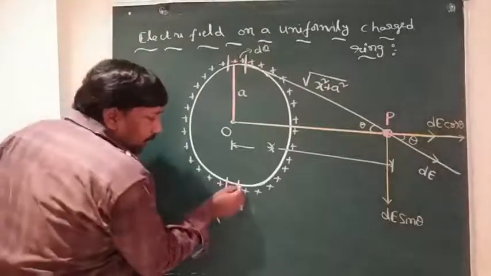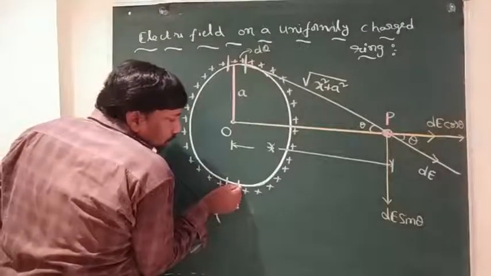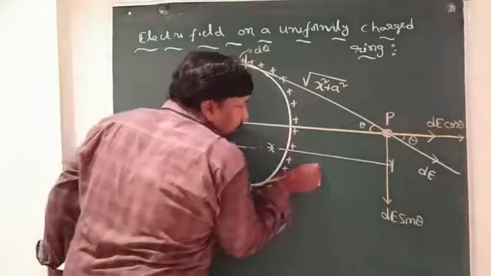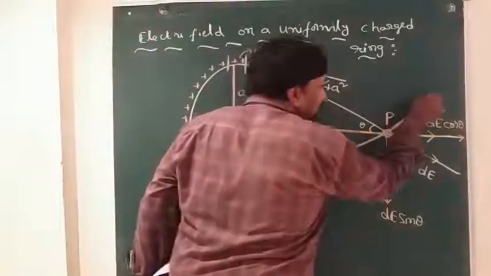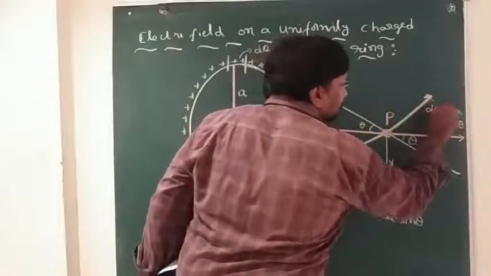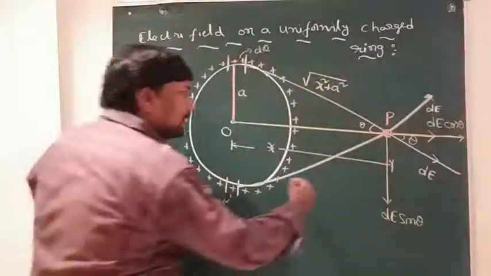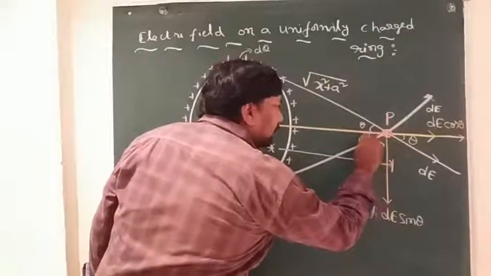The electric field due to the bottom of the ring is dE, making an angle theta with the x-axis.